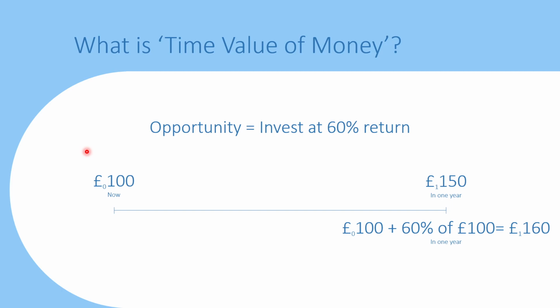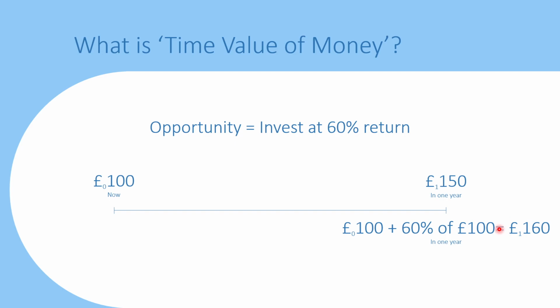And similarly, if the opportunity now was to invest at a 60% rate of return, so it's no longer a 10% rate of return, it's a 60% rate of return. In that case, if you take the 100 now, you can invest it in the bank, which is offering an amazing 60% rate of return risk-free. You'll end up with 100 plus 60% of 100, which is 160.